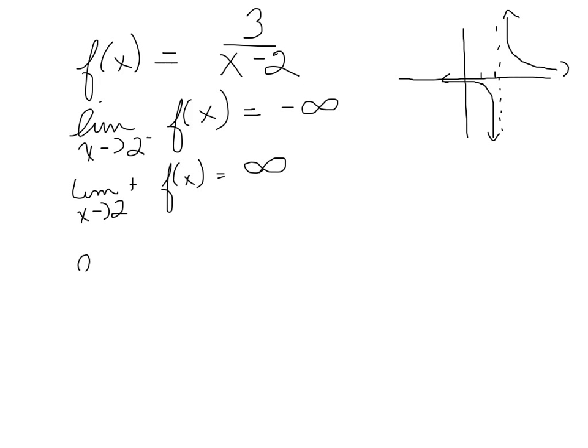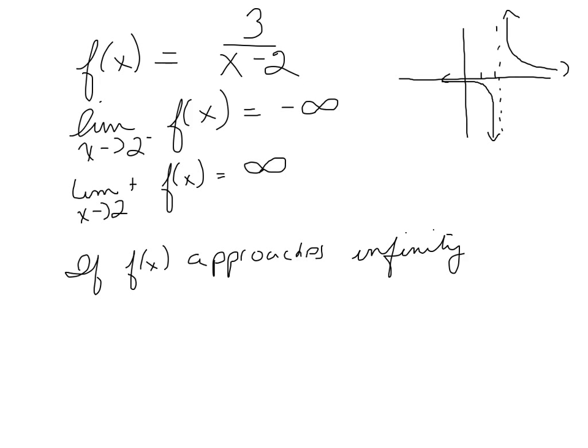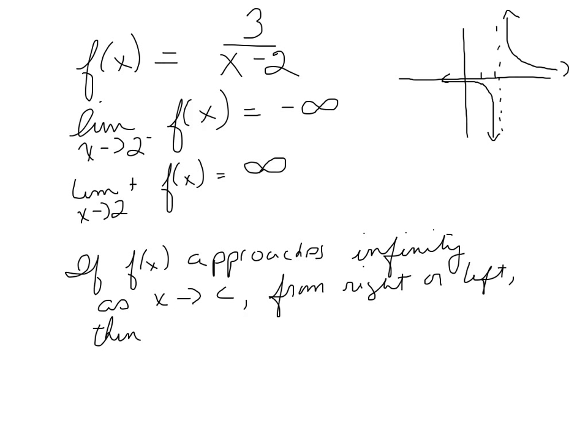If f of x approaches infinity, either negative or positive, as x approaches c from the right or the left, then x equals c is a vertical asymptote of f of x.